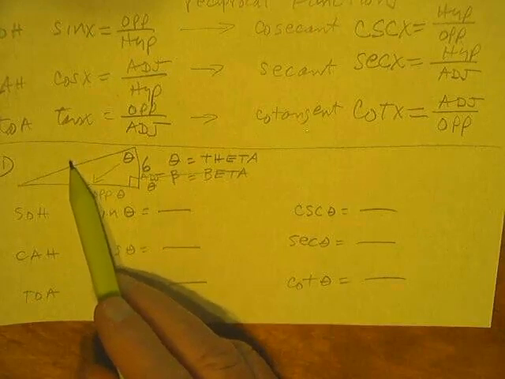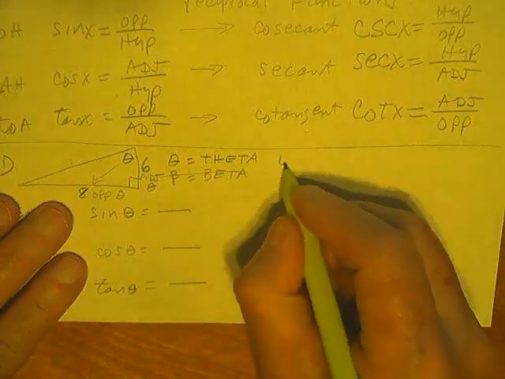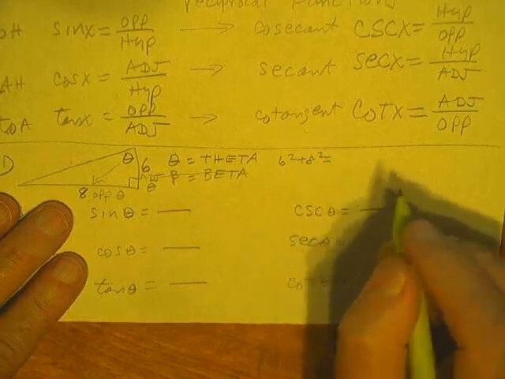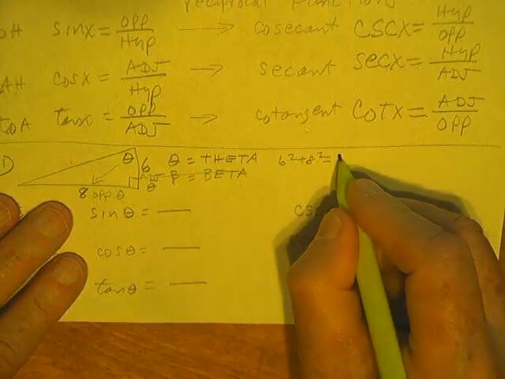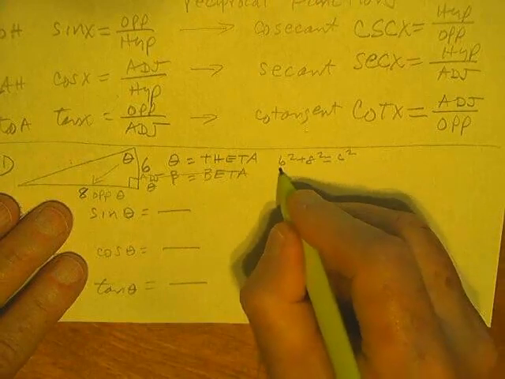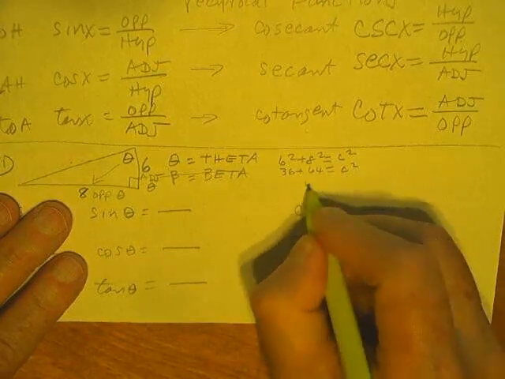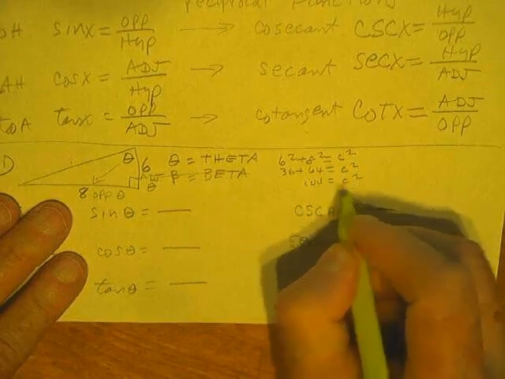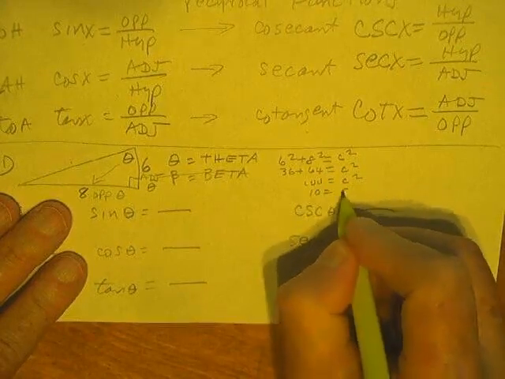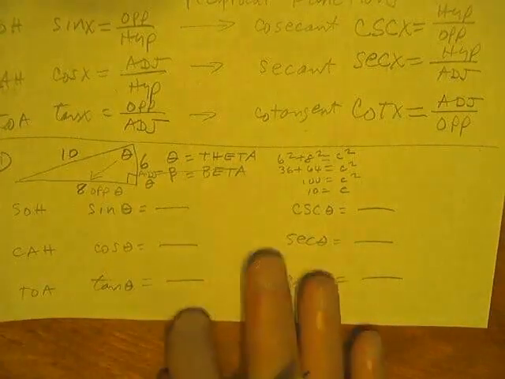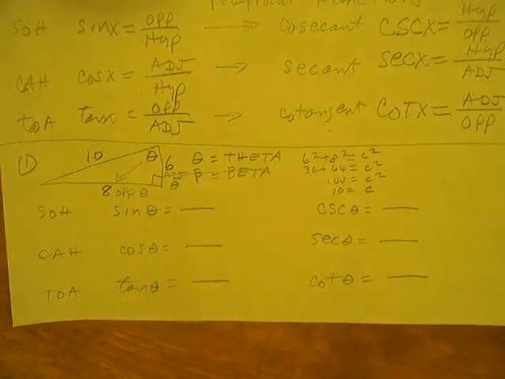Okay, we need the Pythagorean Theorem to find this, so I would need to do 6 squared plus 8 squared equals c squared. This is 36 plus 64 is c squared, 100 is c squared, square root of both sides. C is 10. So there we go on that one.